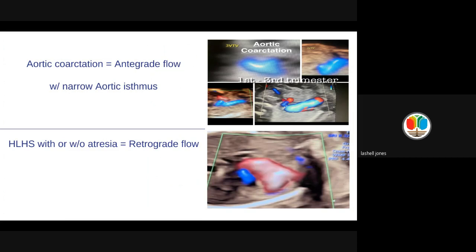Okay, and with hypoplastic left heart, with or without atresia, you will notice that the aorta will be narrow, but it will have retrograde flow. This is one of our ductal-dependent lesions, just to point that out. So once again, color is the key. And that's the difference between those two. Color is the key.